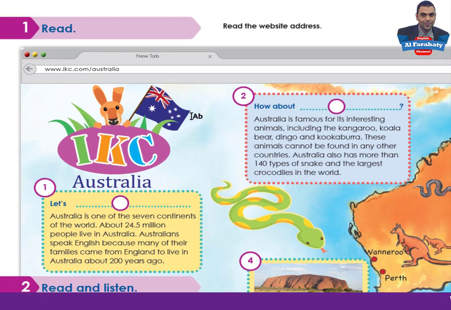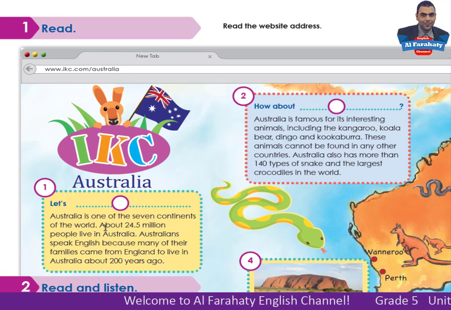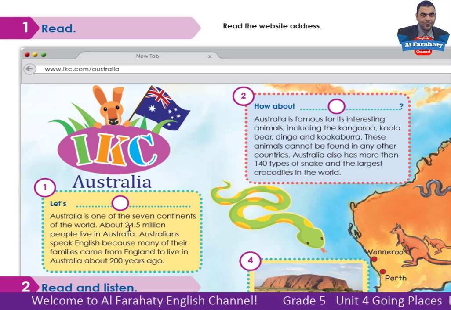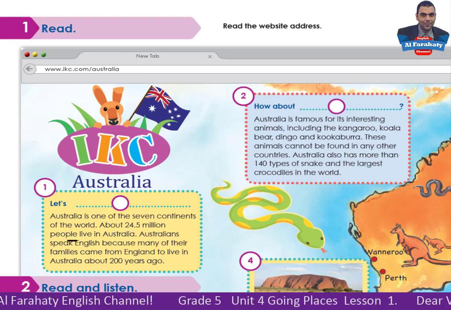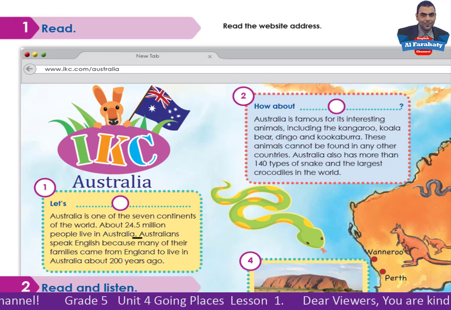1. Australia is one of the 7 continents of the world. Do you know the 7 continents of the world? Try to revise them. About 24.5 million people live in Australia.